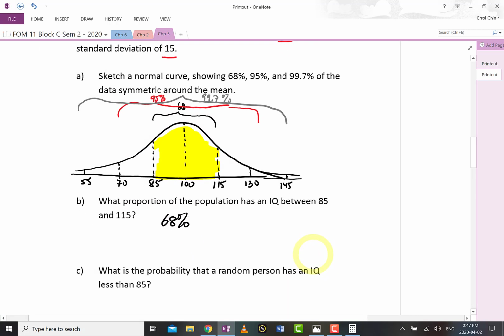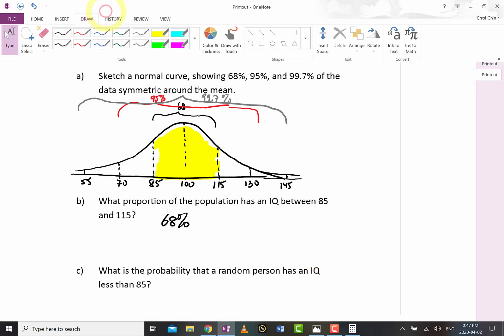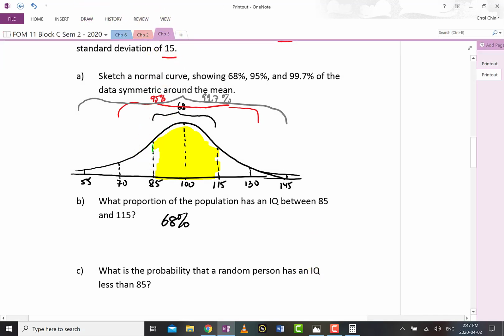It says, what's the probability that a random person has an IQ less than 85? I want to know what's the probability that somebody is to the left of 85. So it's highlighted in green.